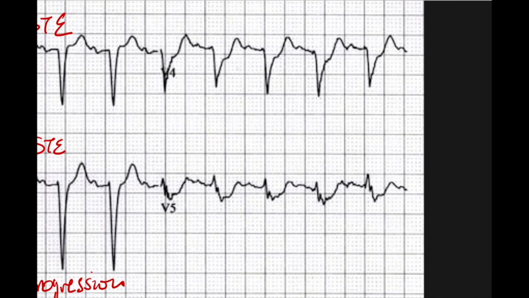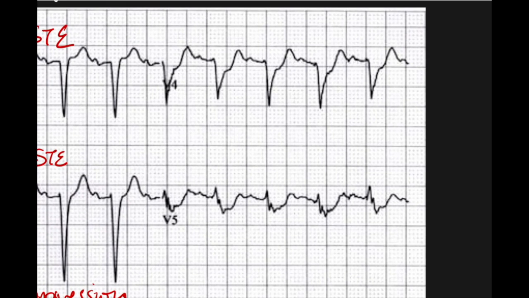V4, we have the P wave. We have this tiny R wave. Remember, V4 should have some pretty pronounced R waves, so this is atypical in and of itself. Although there is no poor R wave progression in V4, we will say question mark, where's the R wave? We have this dominant S wave with this J point.